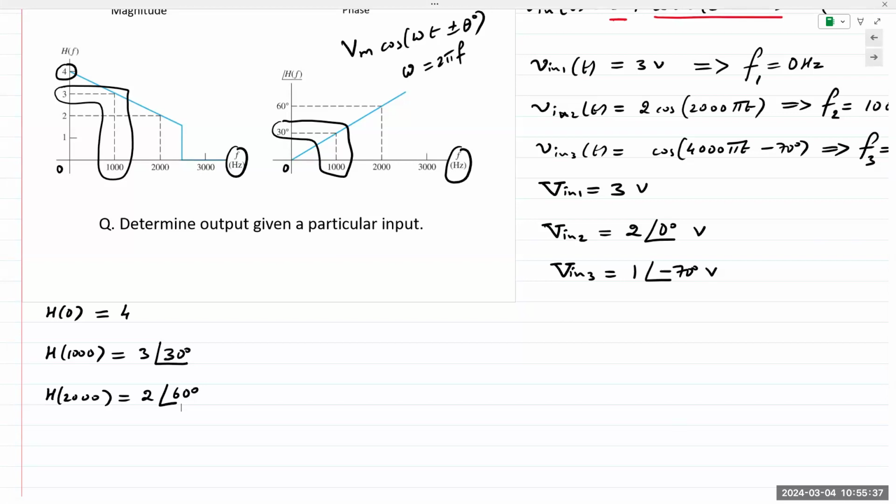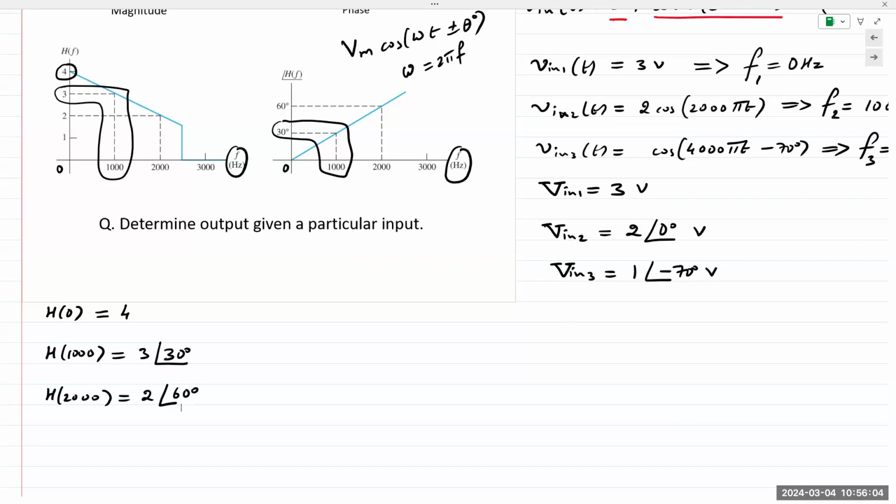Does it make sense so far? You have a graphical representation of the transfer function of a circuit. The circuit's not given to us, it's not been described to us, and we don't really care what it is. But we can look at the incoming input signal, and we can write out the transfer function at any given frequency based on those graphs. The incoming signal has three components.